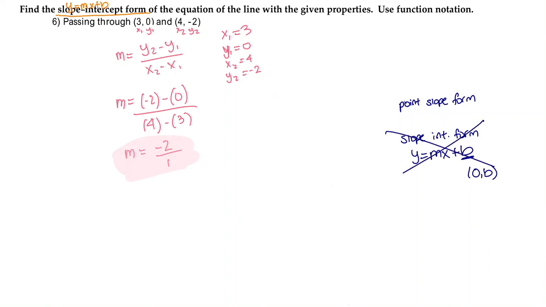But luckily, when we use point-slope form, which is y minus y1 equals m times x minus x1, when we plug in our values correctly and we solve for y, it actually turns into slope-intercept form. So let's go ahead and do that.